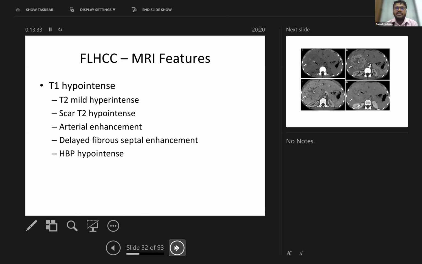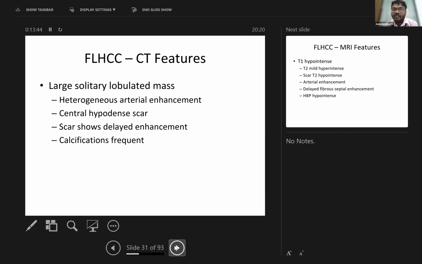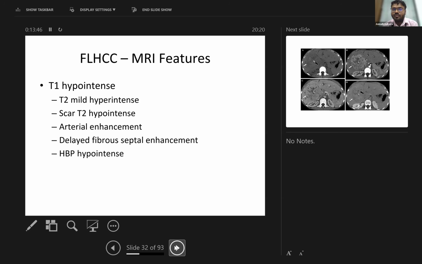So what are the features of fibrolamellar HCC? It will be T1 hypointense, T2 mildly hyperintense, and one most important thing which we need to know is in FNH there is a T2 hyperintense scar, but in fibrolamellar it is a T2 hypointense scar.